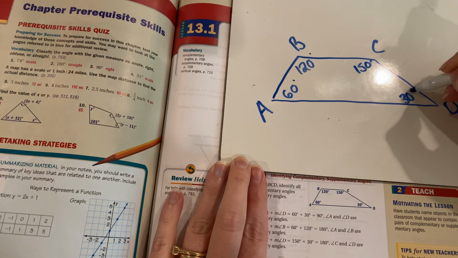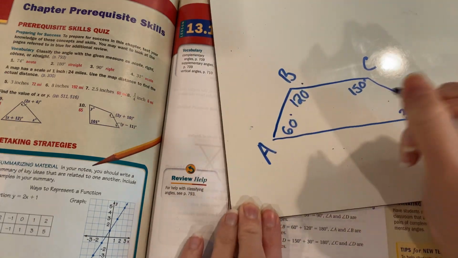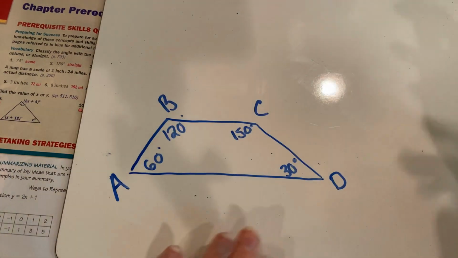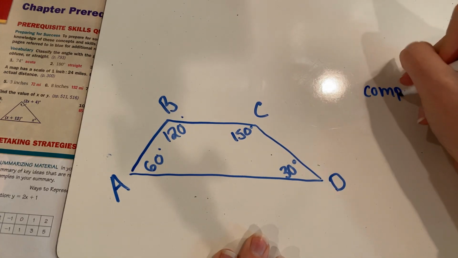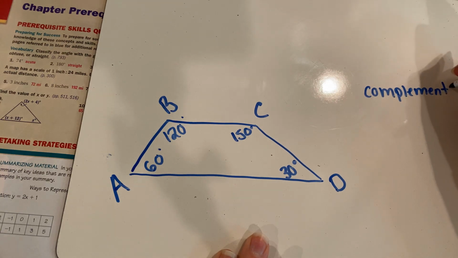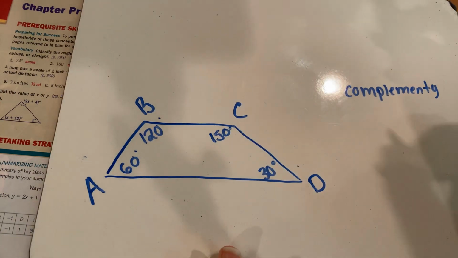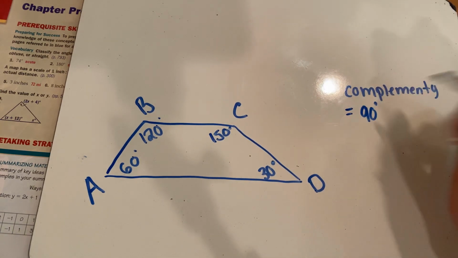D is 30 degrees. So first we're going to list out, where can I put them that you can see? Here. All right, we're going to list out all of our complementary angles. All of our complementary angles are anything that sum to 90 degrees.